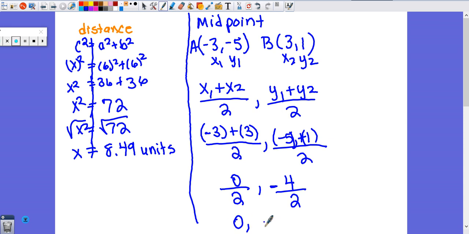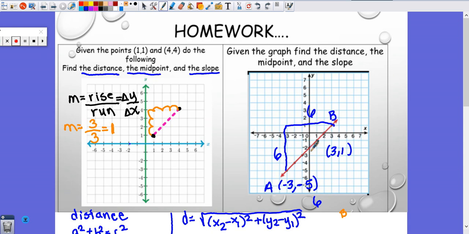If you need to use your calculator, then use your calculator to input these numbers. So my midpoint is equal to 0, -2. I'm going to go to my graph, and that's right here. That's the middle of the line. And you might be able to look at some of these things and figure out what the midpoint is, especially if you have a graph.